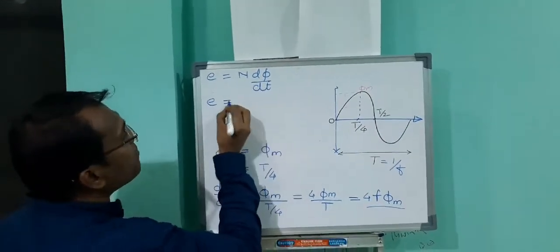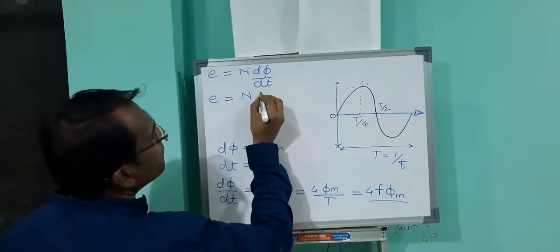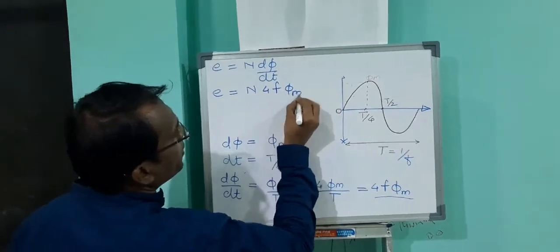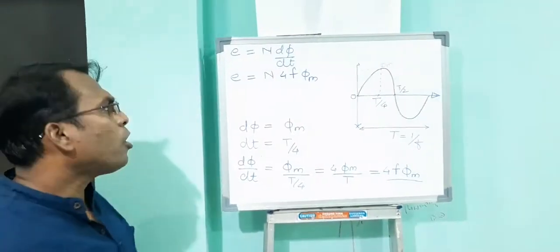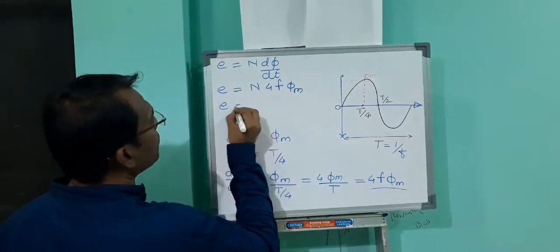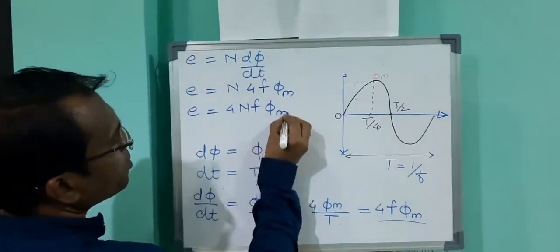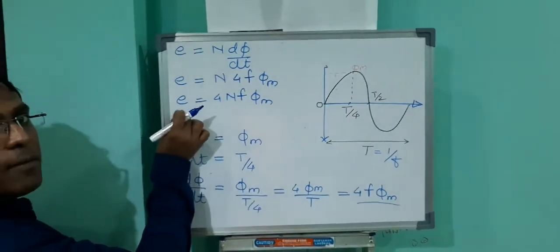This average EMF is equal to n times 4 f phi m, or in other words E is equal to 4 n f phi m. This is called the average EMF induced.